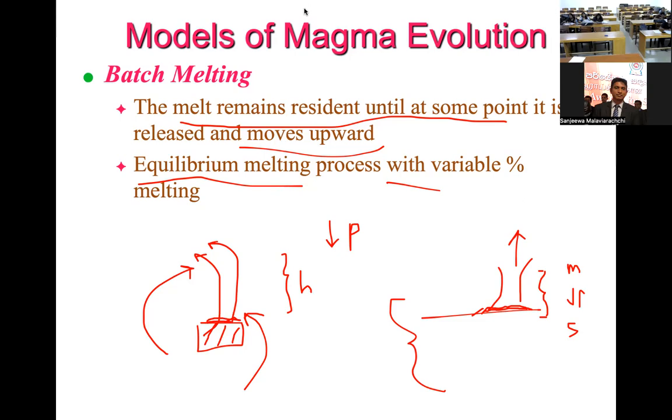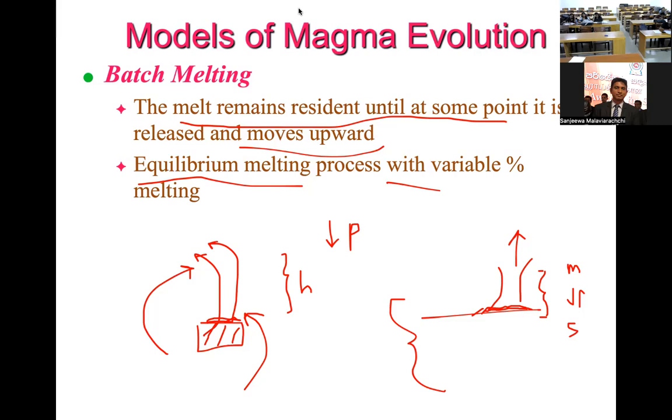But in nature, although this is the simplest way, it might not be 100% feasible in all regions of the mantle. So melting itself is a very complicated process within the mantle.